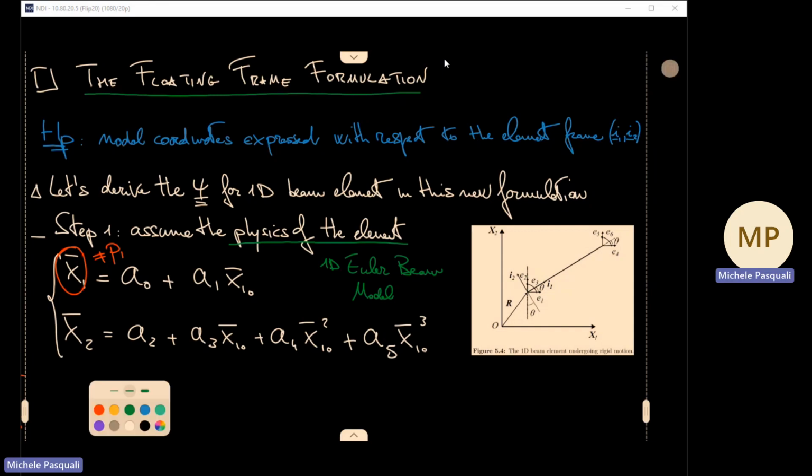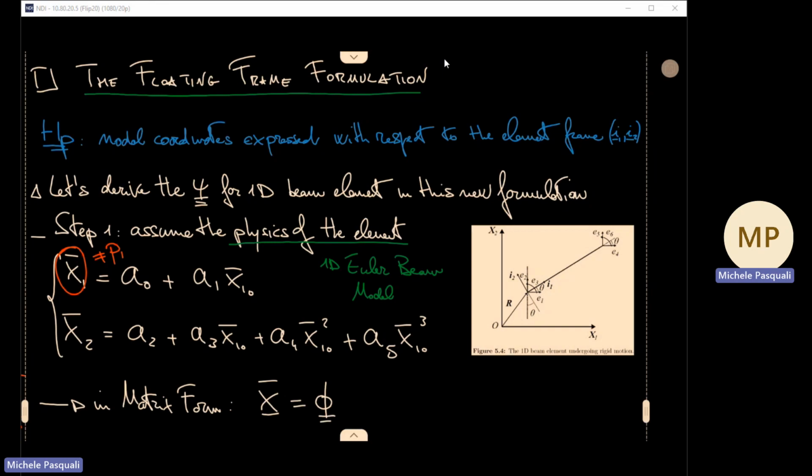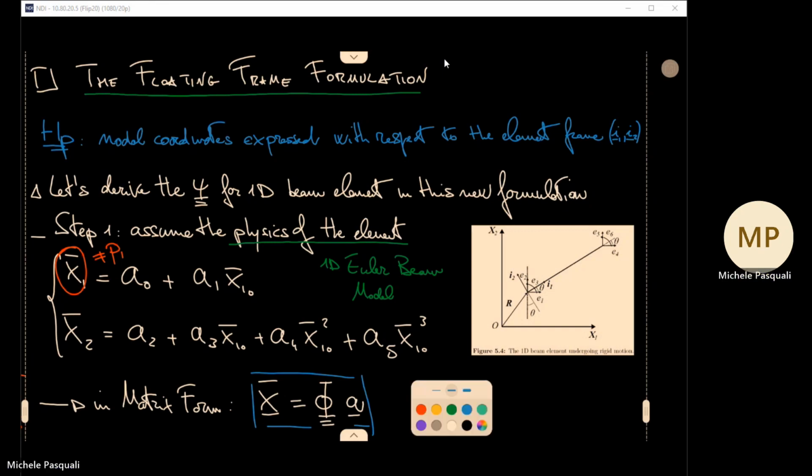So in matrix form, x over bar is equal to phi applied over A. So this is the first representation that we need, with this phi matrix, which is equal to exactly the one that we have already seen for the nodal formulation.